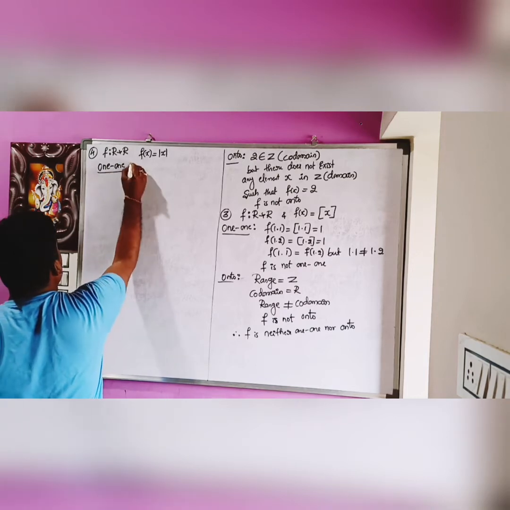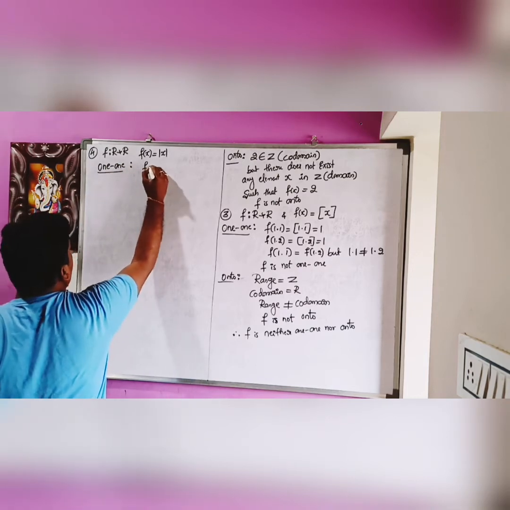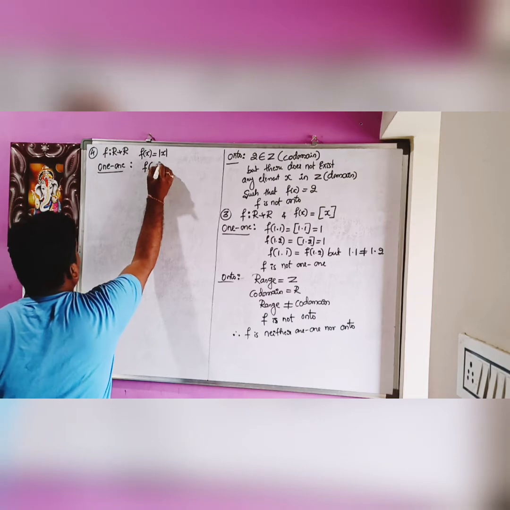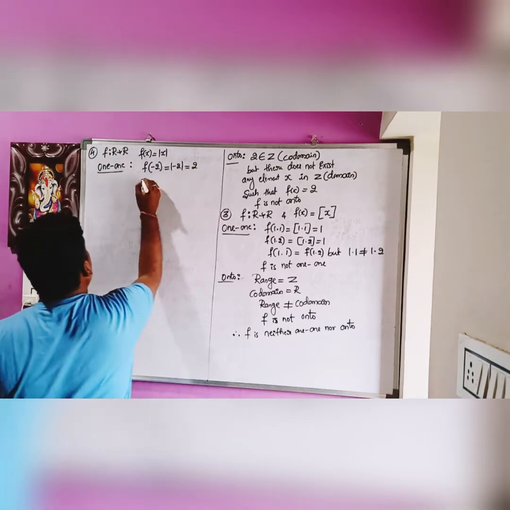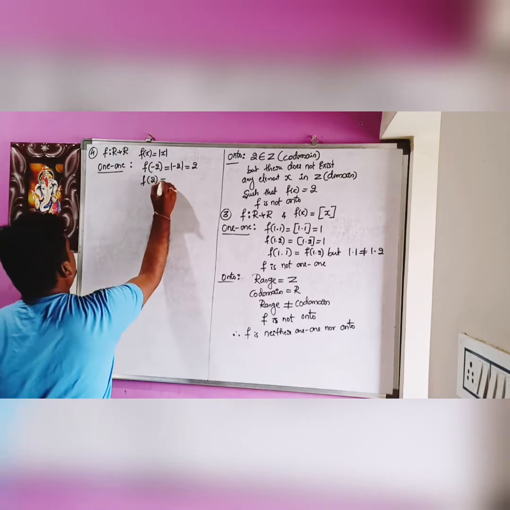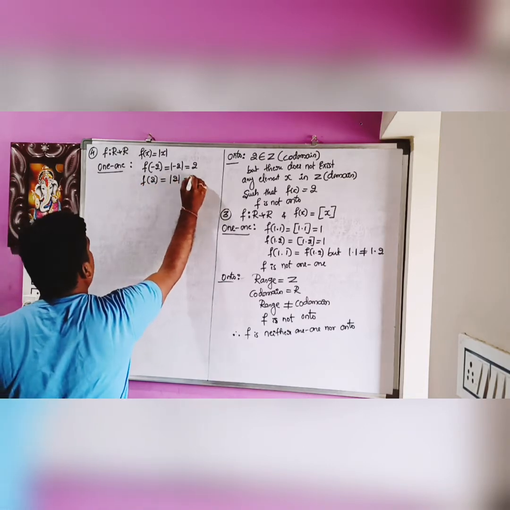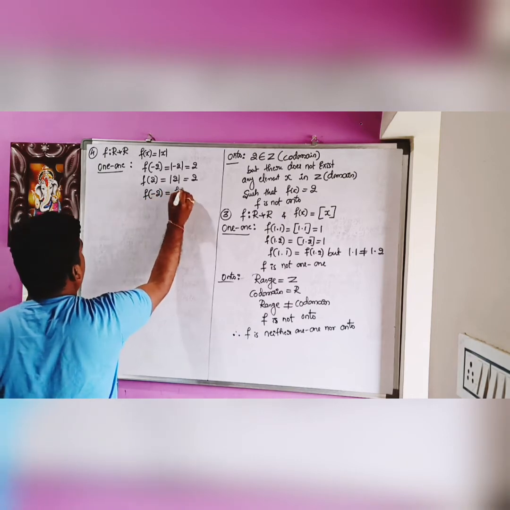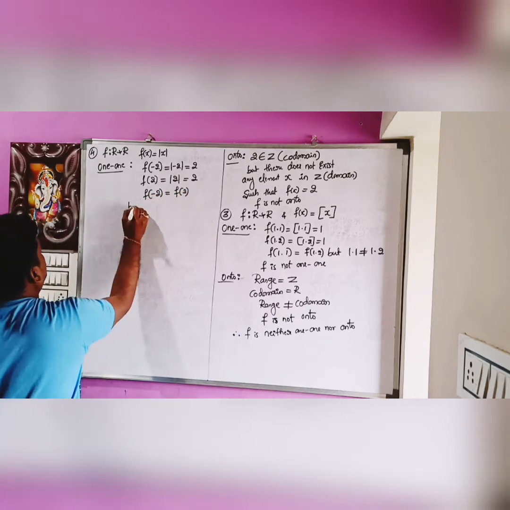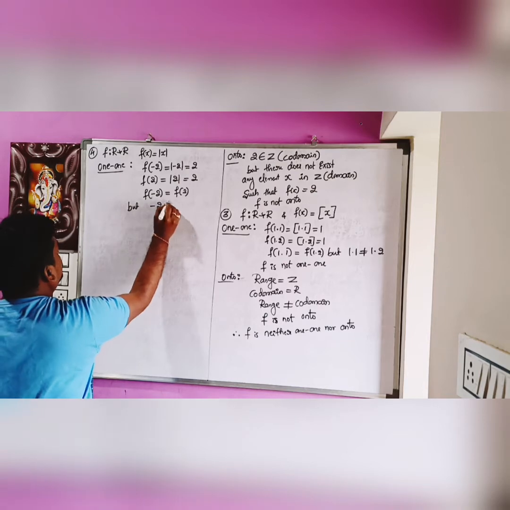Taking an element, f of minus 2 is mod minus 2, which is equal to 2. What about f of 2? It is mod 2, which is also 2. F of minus 2 equals f of 2, but minus 2 is not equal to plus 2.